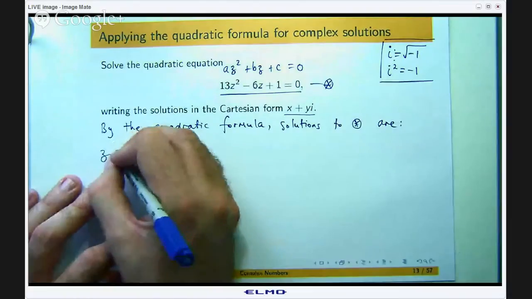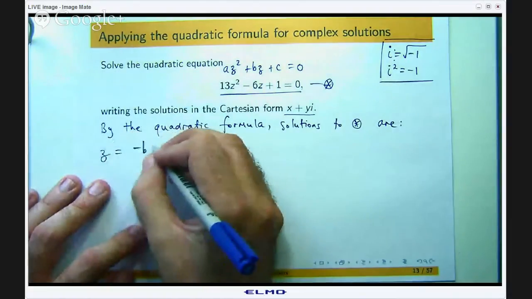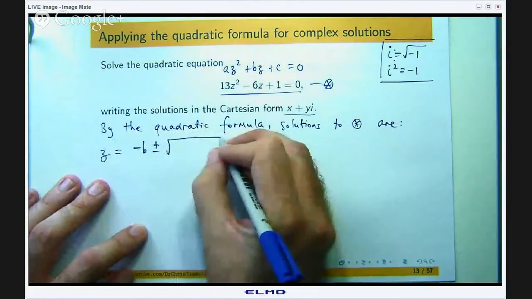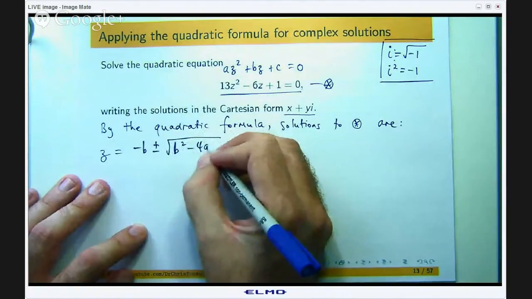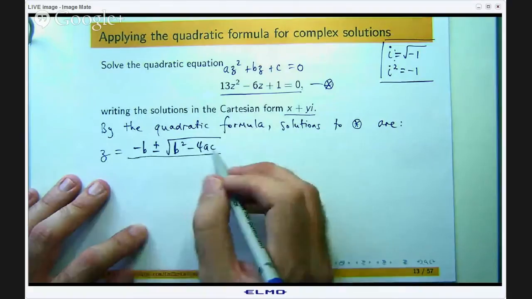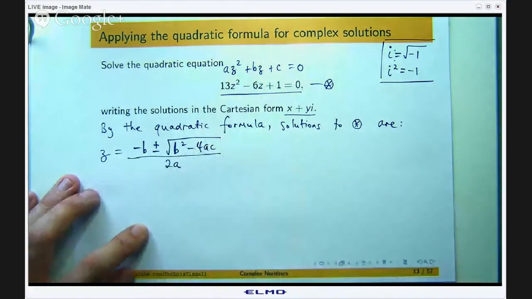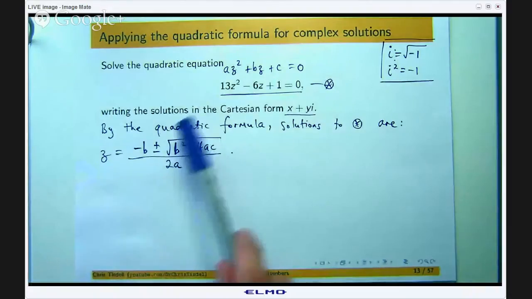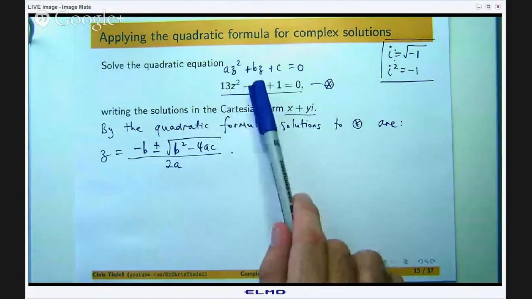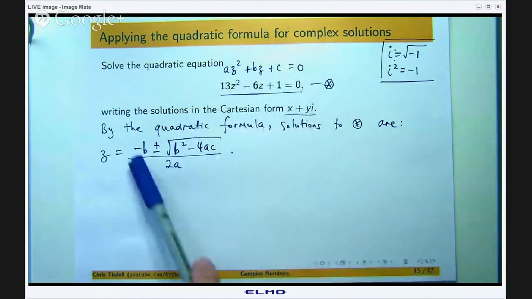Well, it's z equals -b plus or minus the square root of b squared minus 4ac all over 2a. Okay, so all we need to do is plug in a equals 13, b equals -6, c equals 1, and see what we get here.